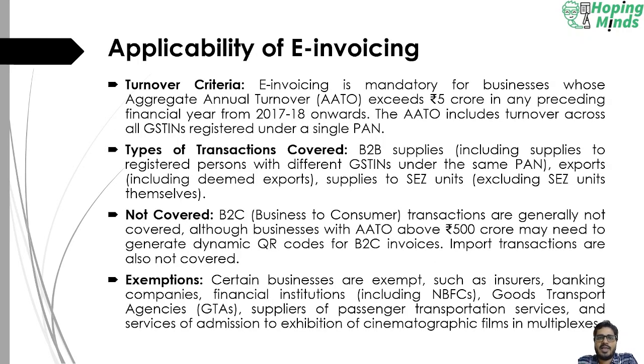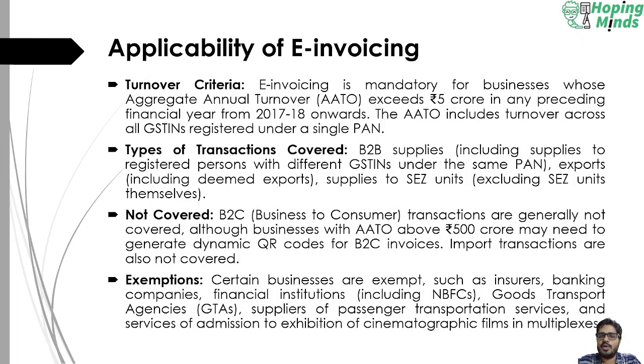Now let us see the applicability of e-invoicing. So first of all, the applicability depends on the turnover criteria. E-invoicing is mandatory for businesses whose aggregate annual turnover, that is AATO, exceeds rupees 5 crores in any preceding financial year from 2017-18 onwards.